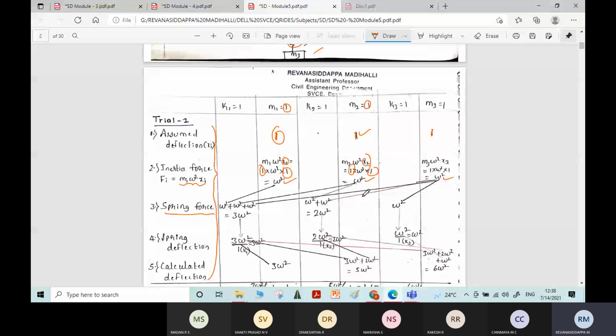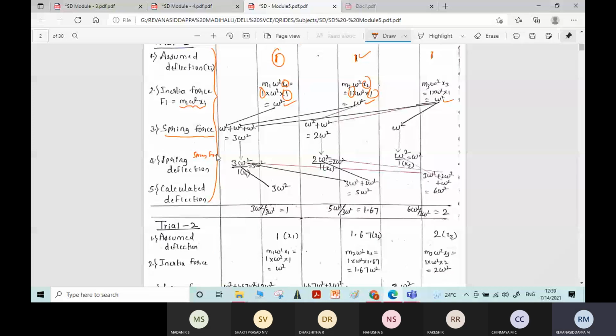Stiffness value is given as 1 for all the springs. So 3 omega square divided by 1 is 3 omega square, then 2 omega square and omega square.